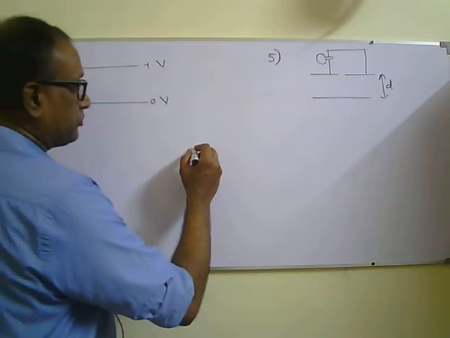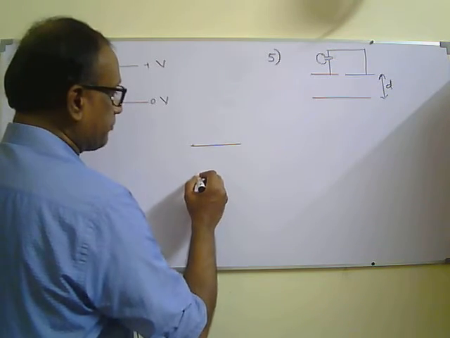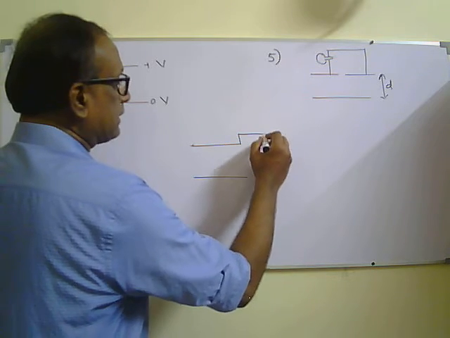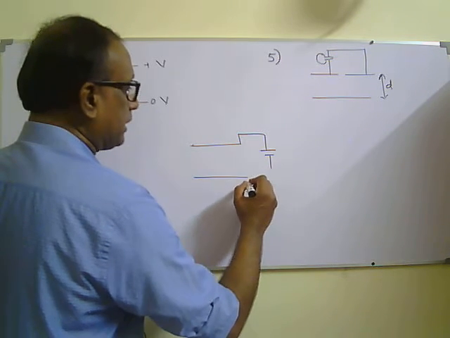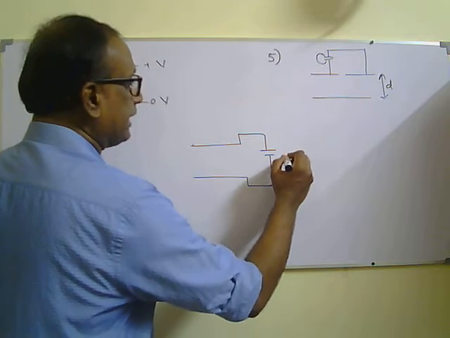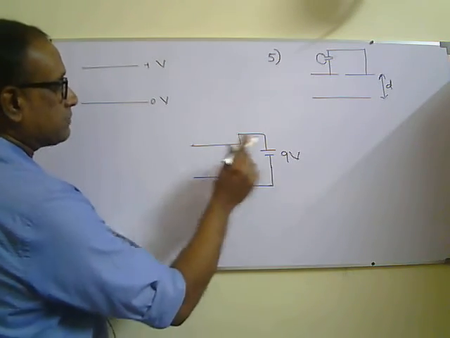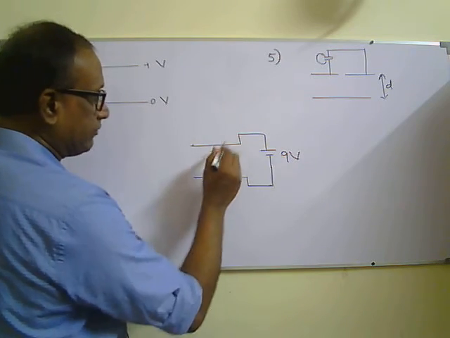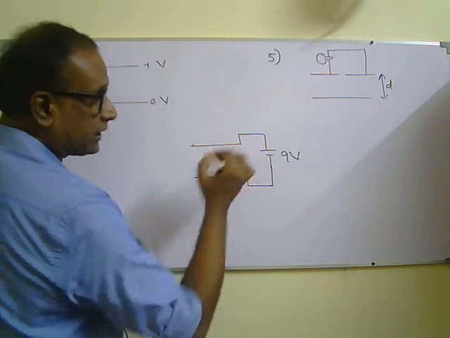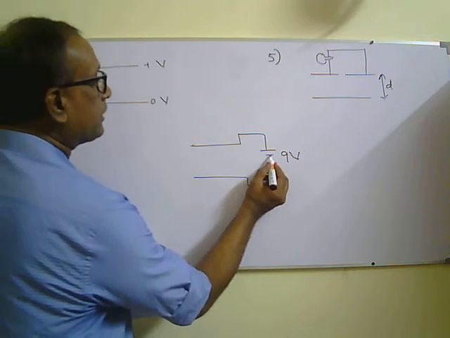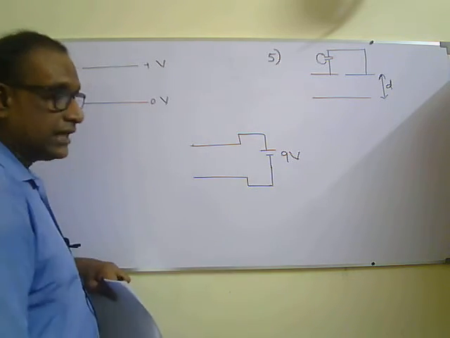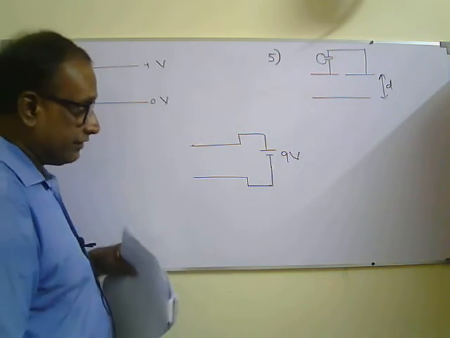So say for example, if you have parallel plates and you connect this to a DC power supply of 9 volt, obviously we know the upper plate will become positively charged because it's connected to the positive terminal, and the bottom plate will become negatively charged since it's connected to the negative terminal.